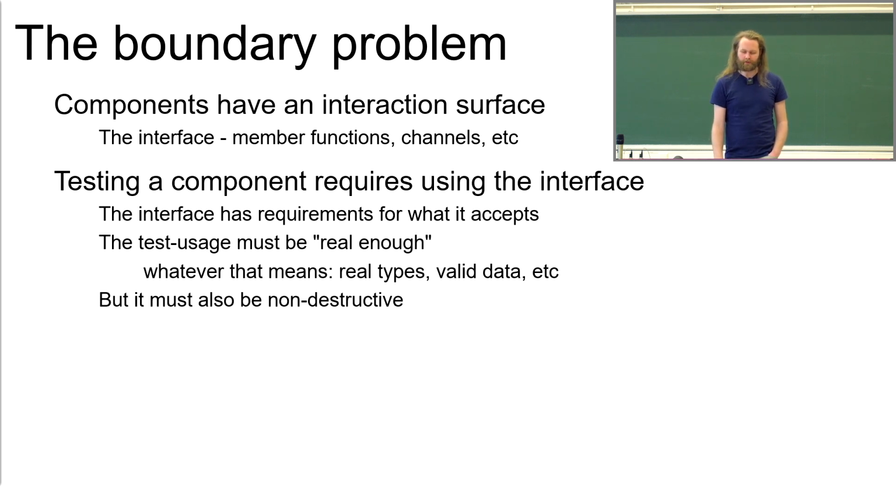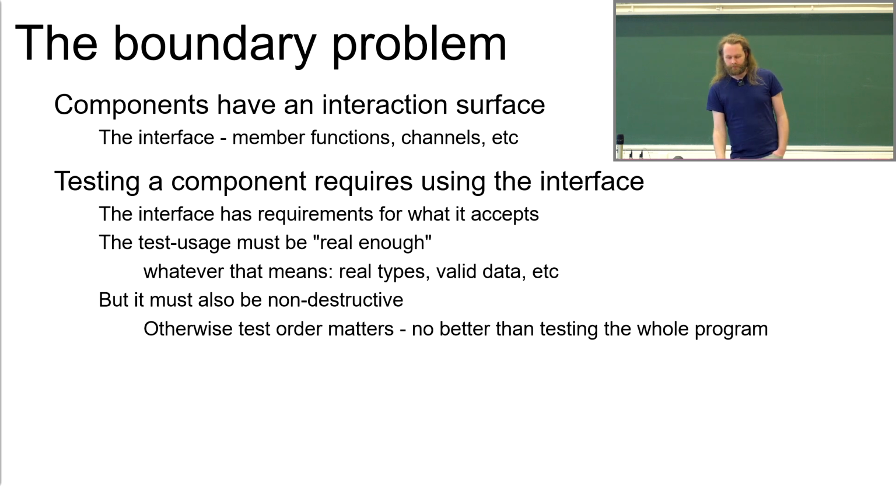But we also want it to be non-destructive, because the moment it's destructive, the order in which we test them becomes a problem, and our ability to predict what it should do becomes 0. If the test order matters, we may as well just do a full-on end-to-end test and not do any kind of unit testing at all.